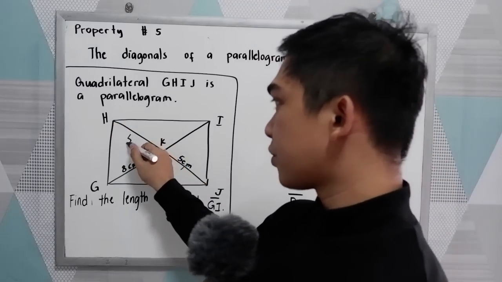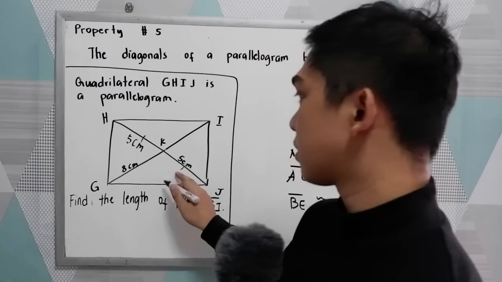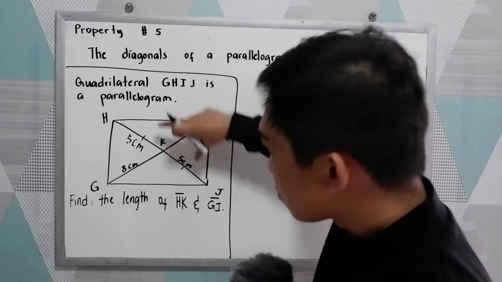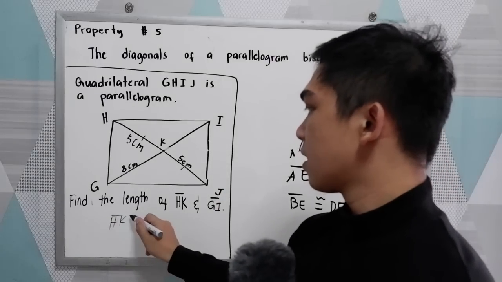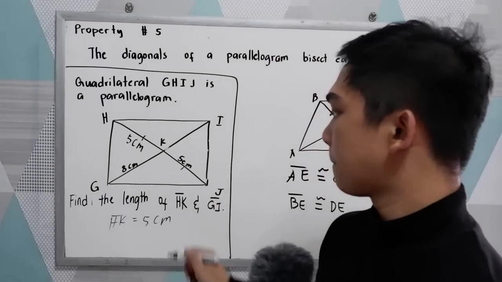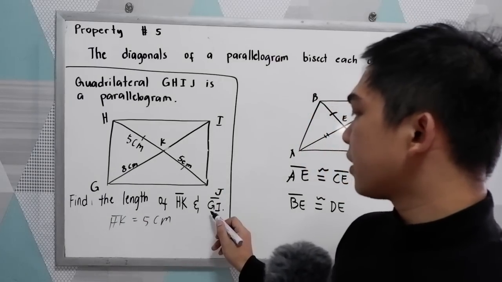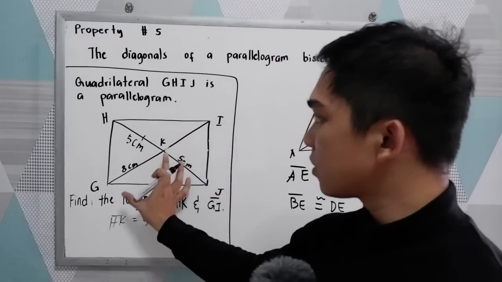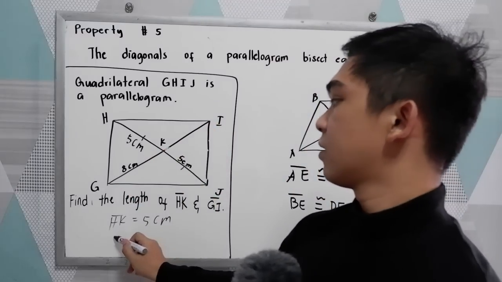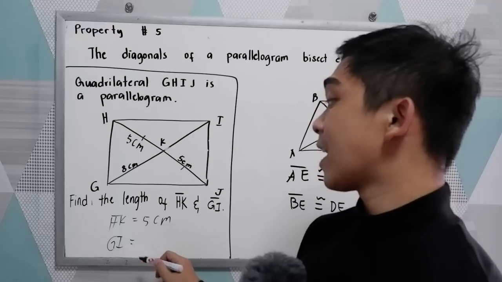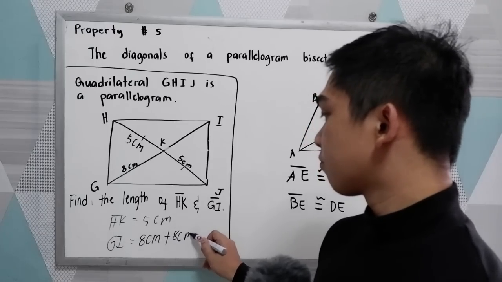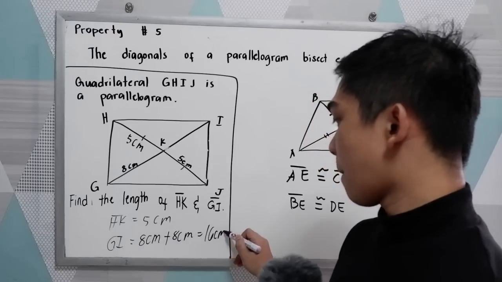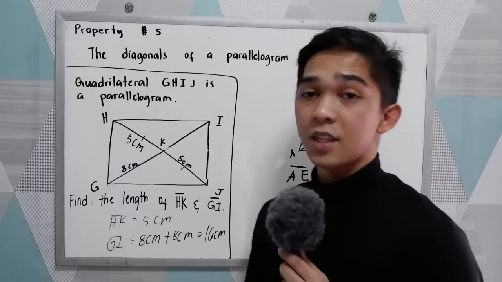HK also measures 5 centimeters because the two lengths are equal. So HK is 5 cm. Now we're looking for GI. GI is 8 plus 8, so 16 cm. That is our property number 5.